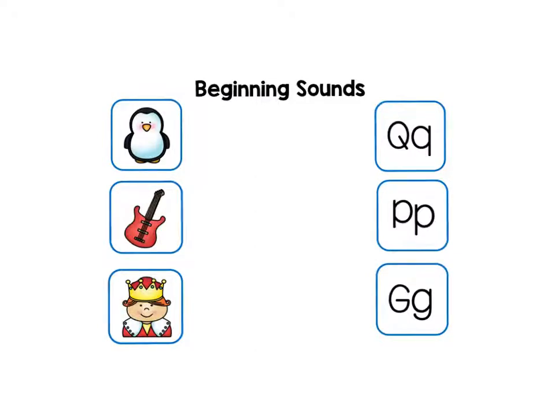So if I have a penguin at the top here, where would I draw a line to connect the penguin to the correct beginning letter? Will I connect a line to the Q, to the P, or to the G? Penguin, penguin. If you said P, then you are correct. Penguin starts with a P.